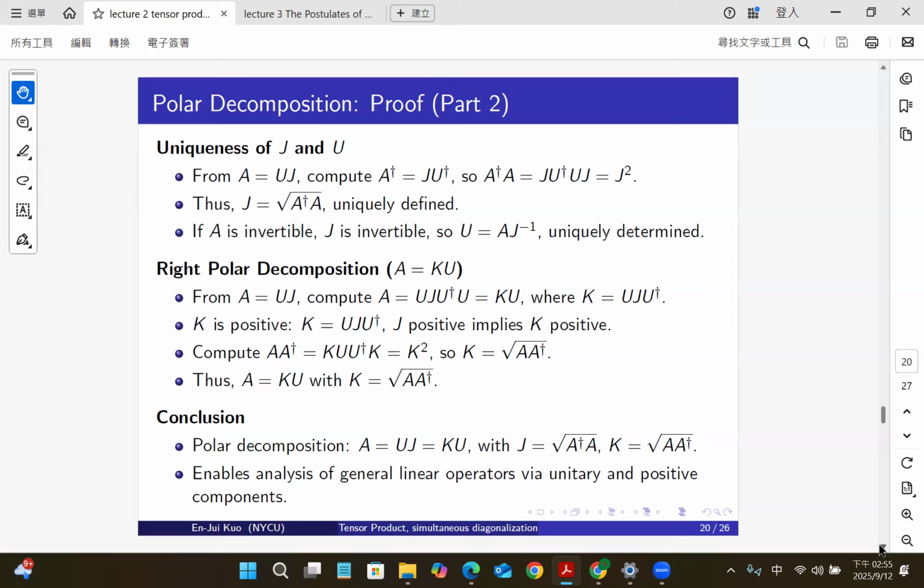So this just tells you that if this number is non-zero, then all these are uniquely determined. Back in your first year of university, polar coordinates: as long as it's not zero, r and theta are fixed, you draw it on the plane and it's fixed. The right polar decomposition is exactly the same. Just repeat the left to the right. Okay.